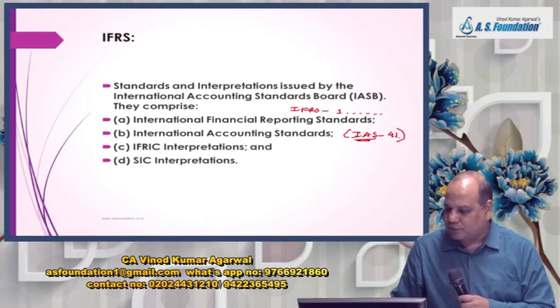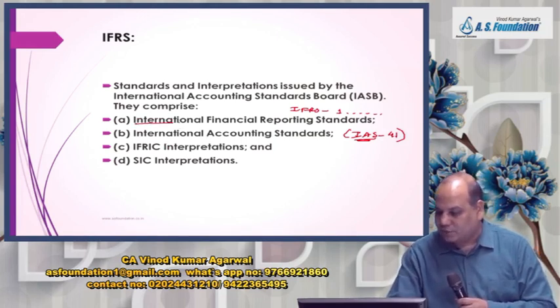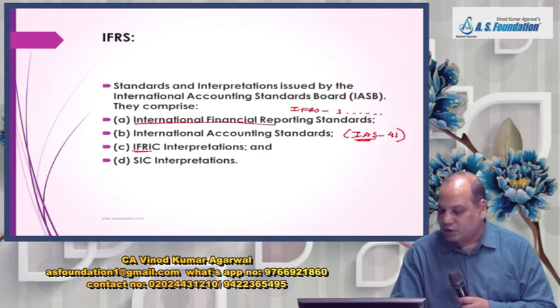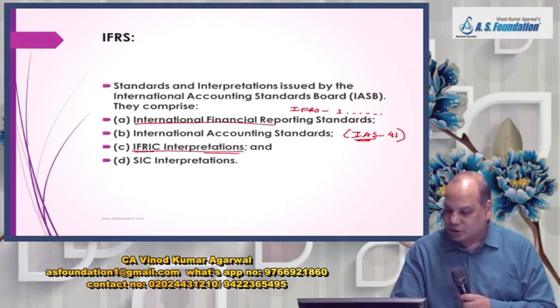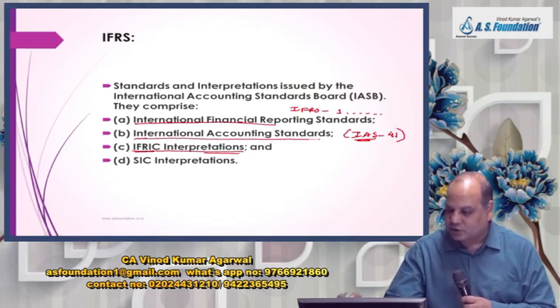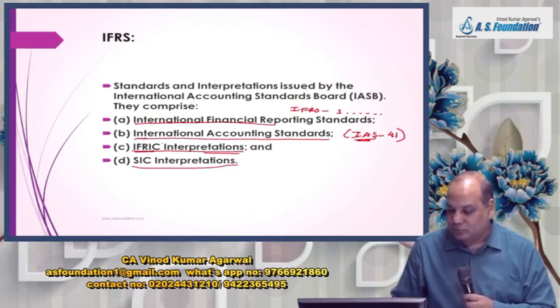Okay. After 41 the IAS series stops, and the IFRS series starts. Similarly, the interpretations given on IFRS are called IFRIC interpretations, and the interpretations given on International Accounting Standards are called SIC, Standing Interpretations Committee, and this is the International Financial Reporting Interpretations Committee.